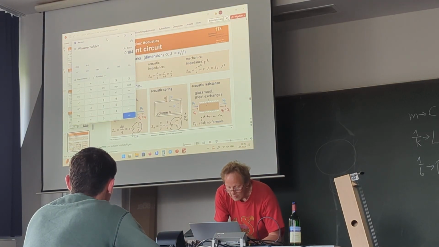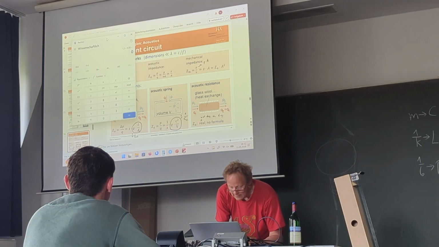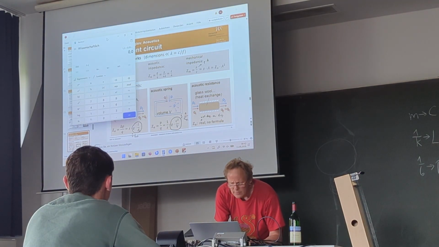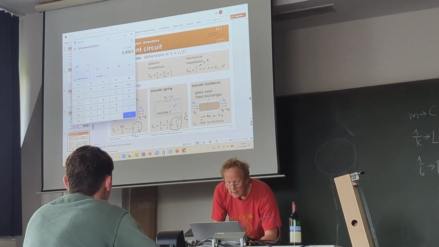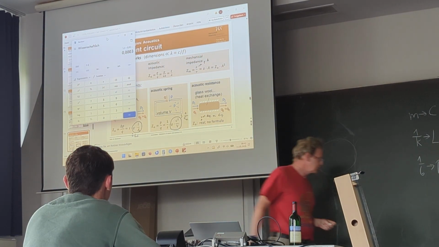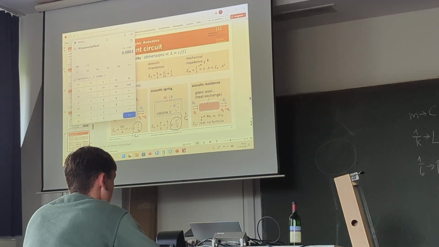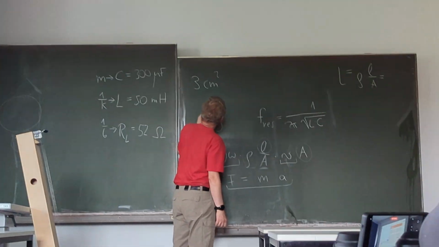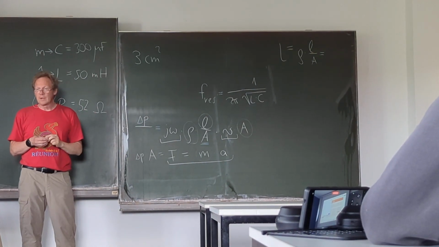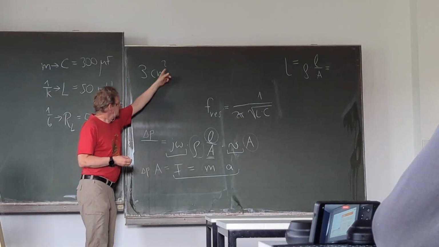So that's the question now. How many decimals are that? I think it's 1, 2, 3 zeros, and then 3, because centi means 1/100, and that is squared.